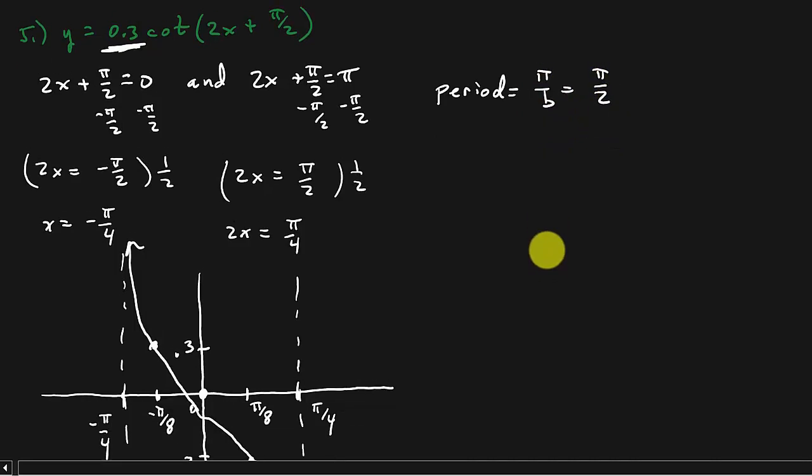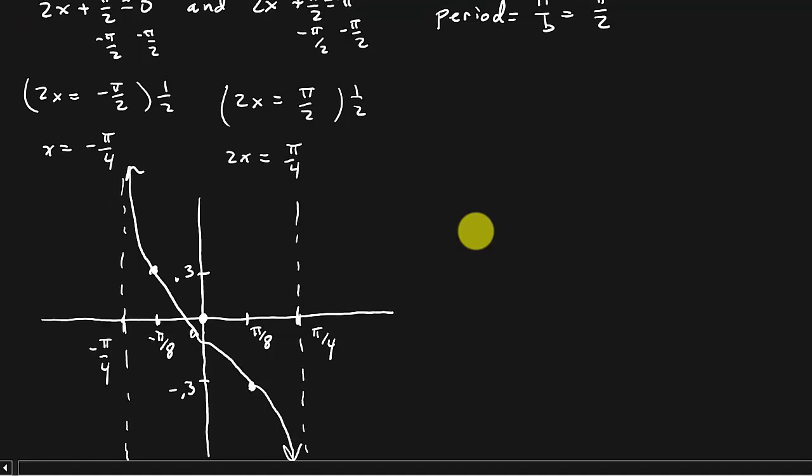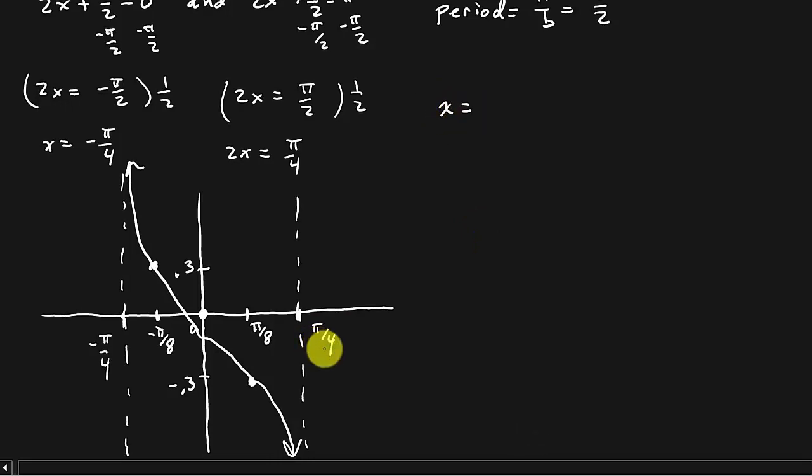So if I wanted to graph another cycle, if I wanted to graph this over 2 periods, I would just add pi over 2 to the pi over 4 here, and that would give me another vertical asymptote out here. Then I would bust that up into 4 equal intervals, and then I would have it. Okay. Now let's get the equation for the vertical asymptotes. So that's x equal. So I've got a vertical asymptote at pi over 4.